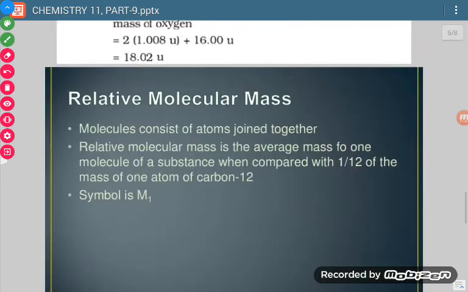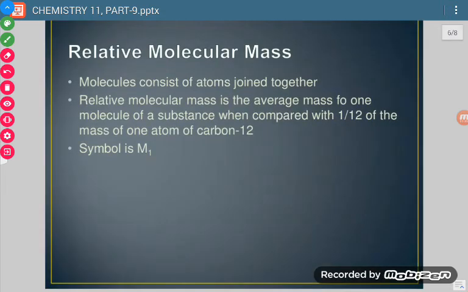Now similarly we can say relative molecular mass. Again we are using the word relative because the atomic mass, by adding which we get molecular mass, is relative atomic mass. So this is also relative molecular mass.